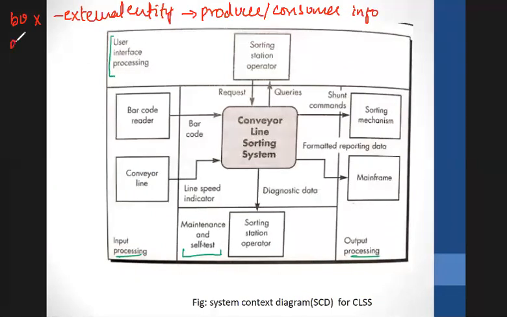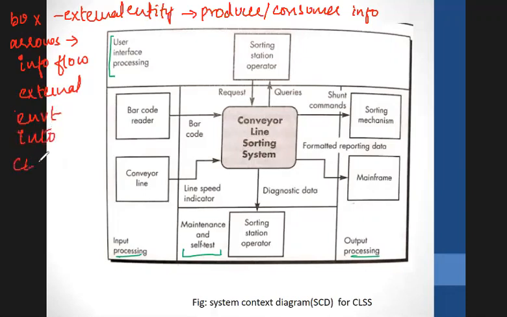Whereas the arrows, these arrows represent information as it moves. That is, it is going to tell you information flow from the external environment into the conveyor line sorting system.